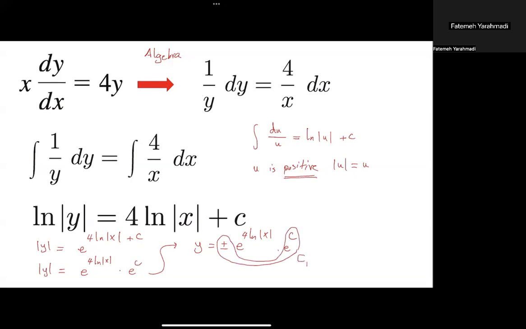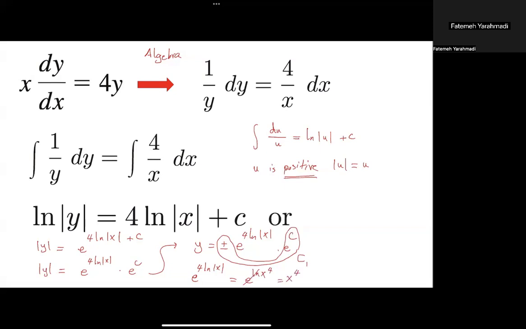And e to the power 4 ln of absolute value of x can be written as e to the power ln of x to the 4th, and you can get rid of e and ln, you have x to the power 4.